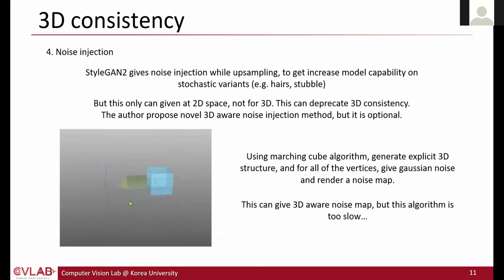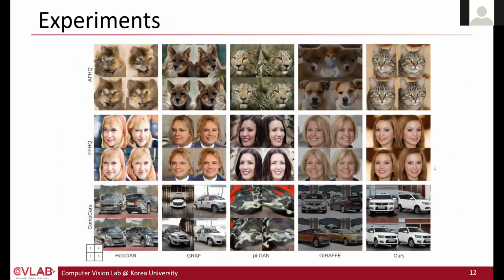And this is another term, but they said it was only optional, so I will skip this. And this is the experiment of the StyleNeRF paper. This was previous GAN-based 3D-aware multi-view synthesis papers.